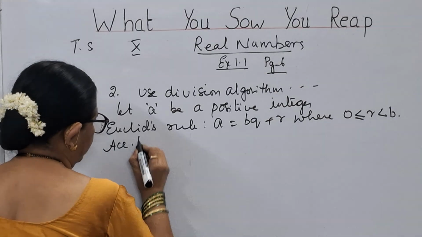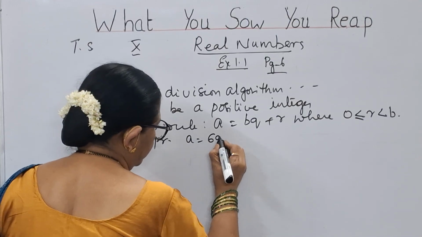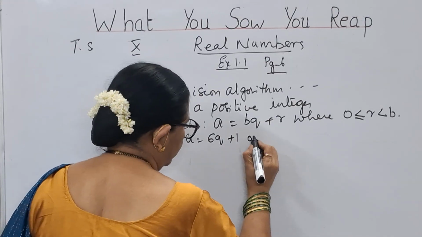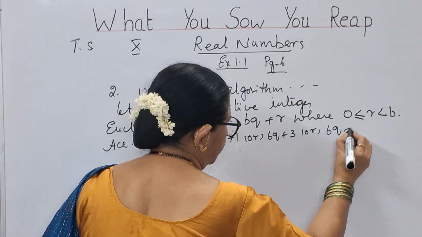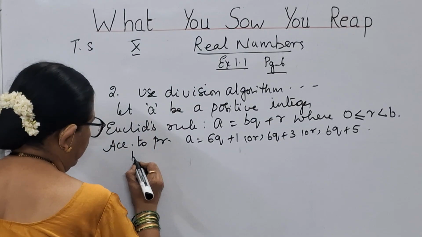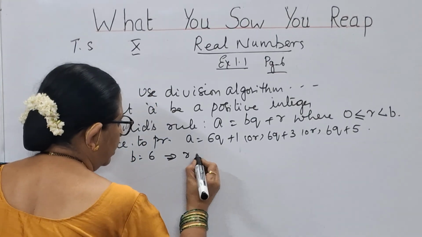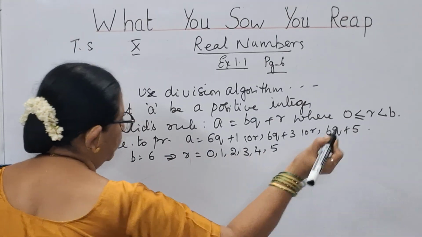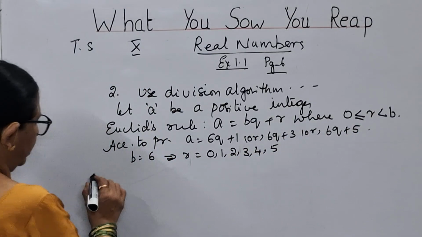According to the problem, a should be equal to 6q plus 1, or 6q plus 3 or 6q plus 5. Now in this problem, the value of b is 6. This implies r is equal to 0, 1, 2, 3, 4, 5. Up to 5 you have to take. The sixth one you are not supposed to take because the r value is less than b. So let us take one by one.